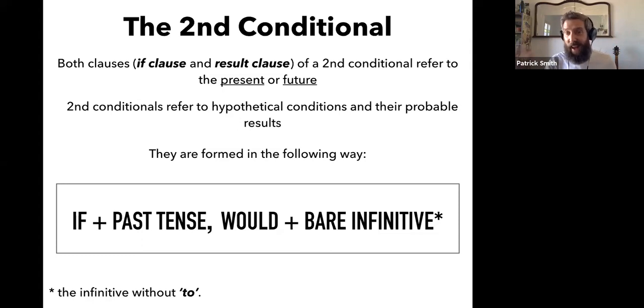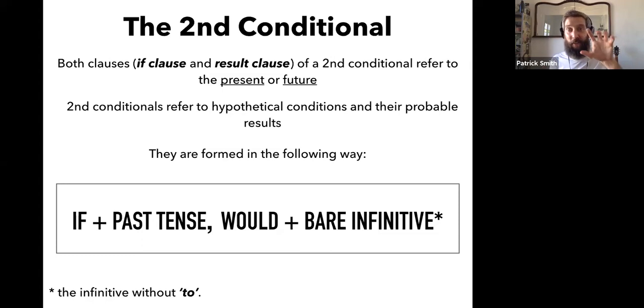If I say, for example, if I had £1 million, you think had is past, but I'm not speaking about the past. I'm speaking about a hypothetical present. If I say, if I had £1 million, I'm saying si tuviera or si tuviese. I'm not saying si tenía, si tuve, no. I'm not speaking about the past. And that's a really important point to make.